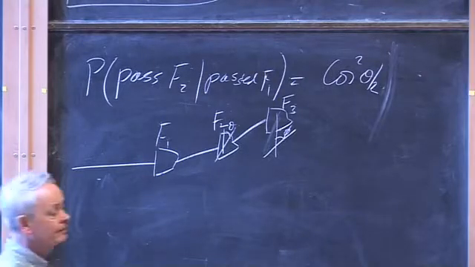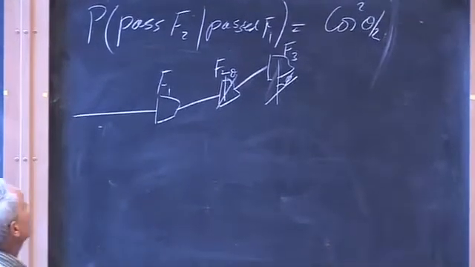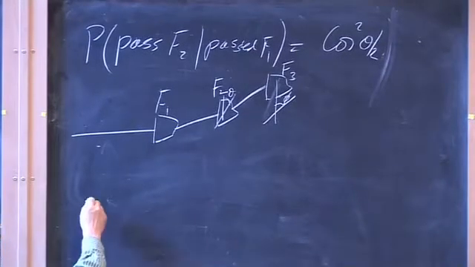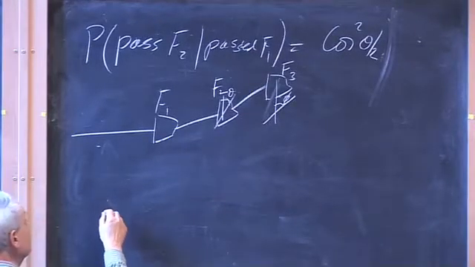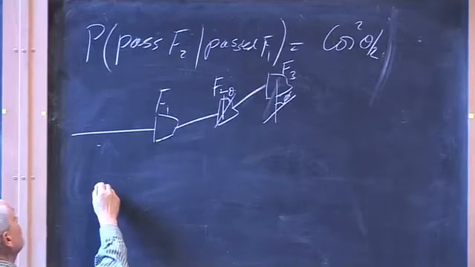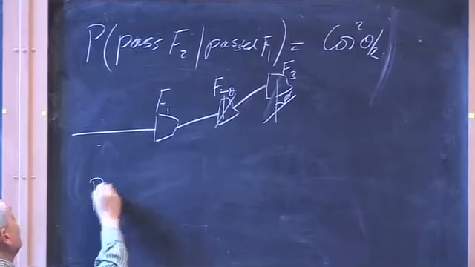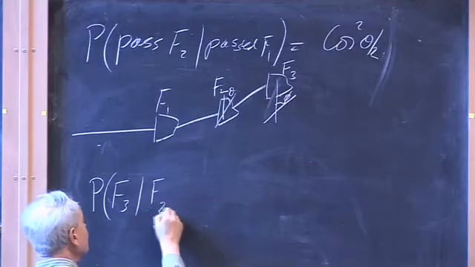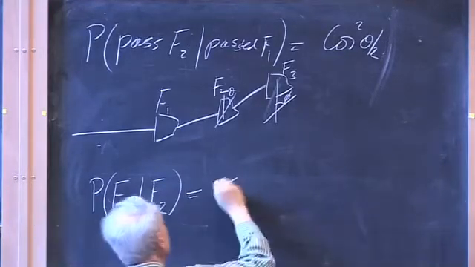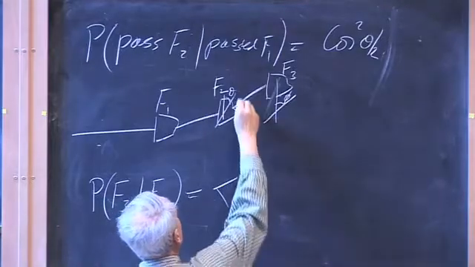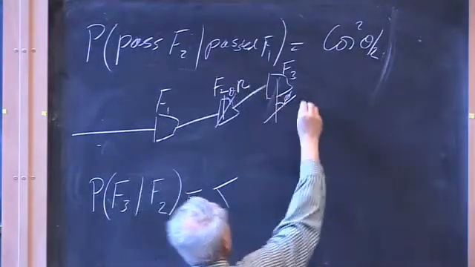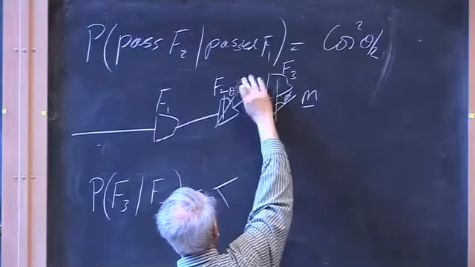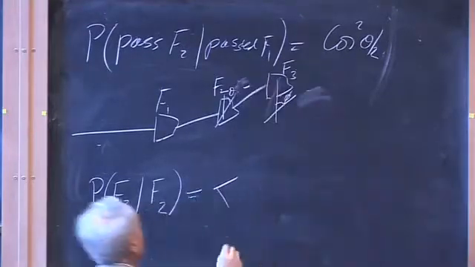Suppose we do that. So the probability of passing F3, given that you passed F2, is going to be, we'll call this vector n, and we'll call this vector m, say. No, we'll use this notation.